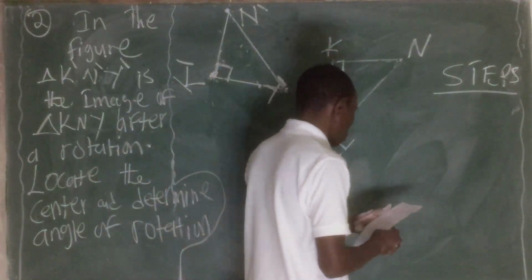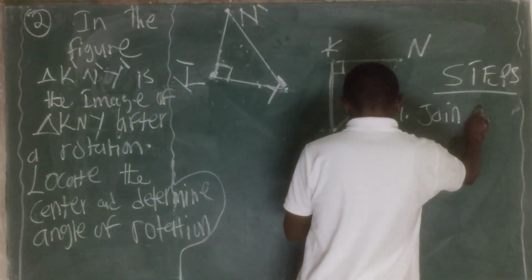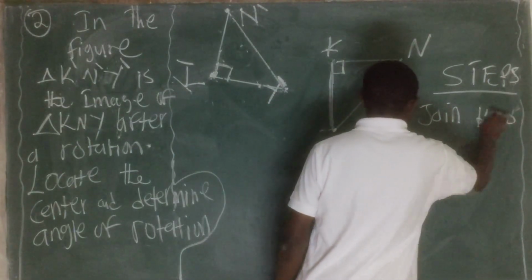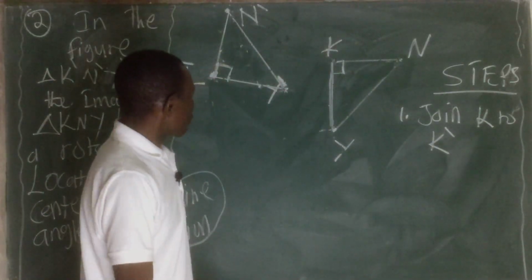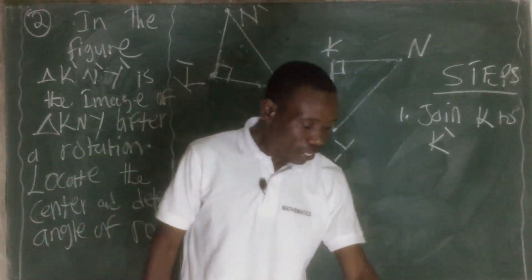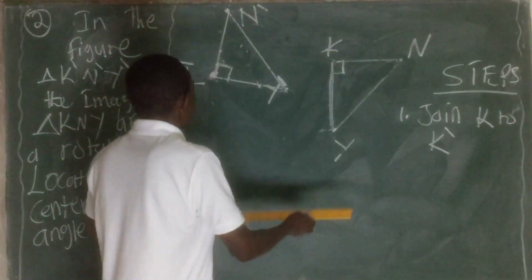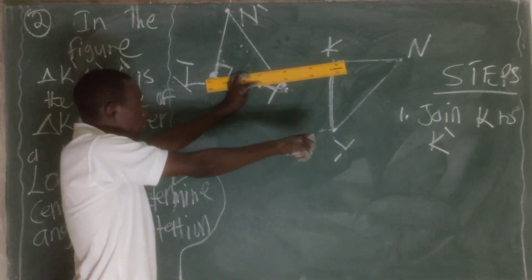Step one: join k to k prime. So I've chosen k and k prime, which means you have a ruler, like this one here, joining k to k prime like this. Look at this one. Step number one.